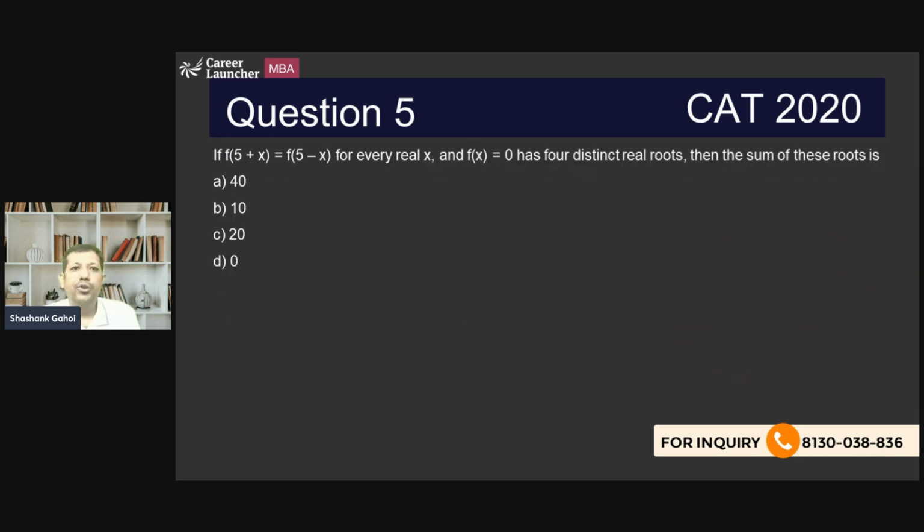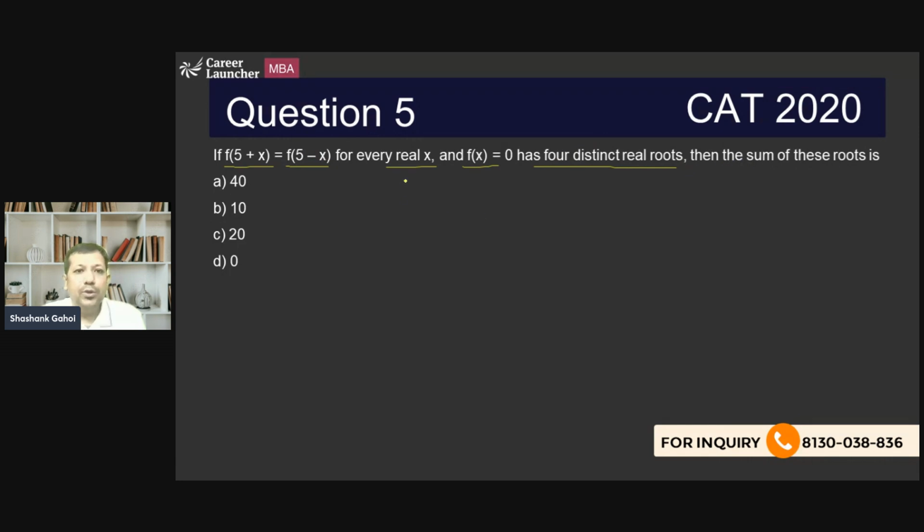Now let's move on to this question. What does it say? It is question number 20. Okay. So let's say f of 5 plus x is equal to f of 5 minus x for every real x. Okay. fx has 10 distinct roots. Then the sum of these roots is what?